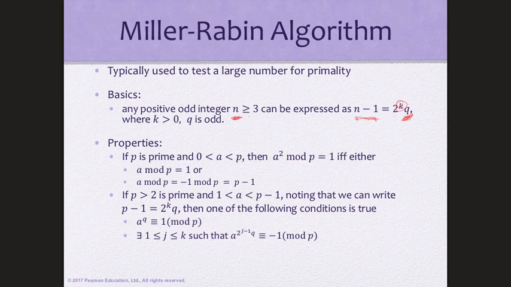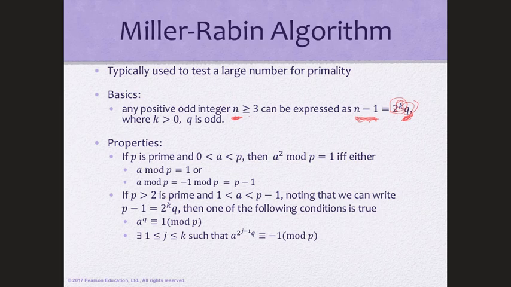And that n minus 1 can be represented as the multiplication of some odd value q multiplied by 2 to the power k, which is all the powers of 2 taken out.